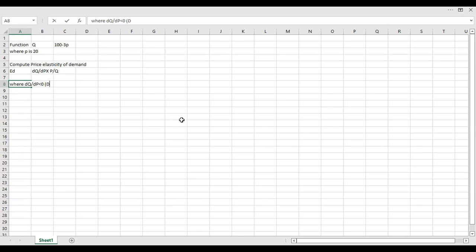So what we need to do is to differentiate Q with respect to P. Going by the function, Q is equal to 100 minus 3P, and we're told that P is 20, the price is 20.